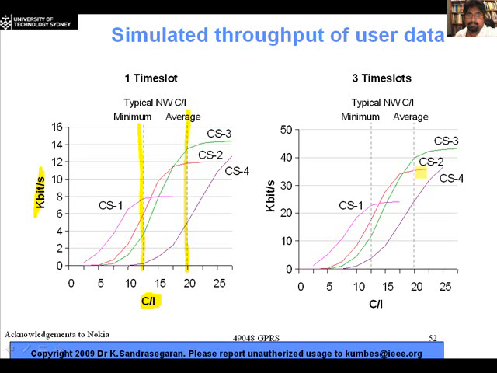CS4, according to these performance graphs, has the lowest throughput. You have to get to a very high carrier to interference ratio, maybe of around 30 or 40 dBs, to start using CS4. But that sort of carrier to interference is not practically achievable in a network. So effectively, CS4 never gets used.